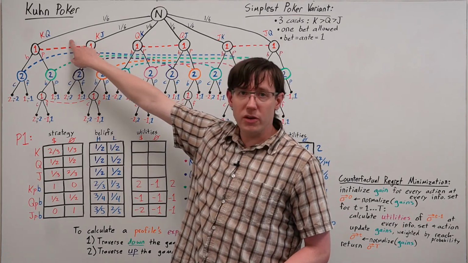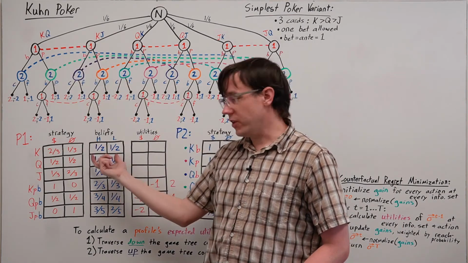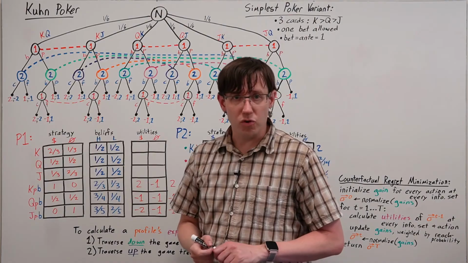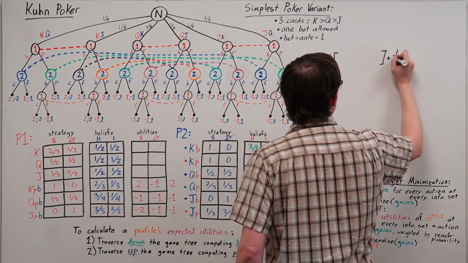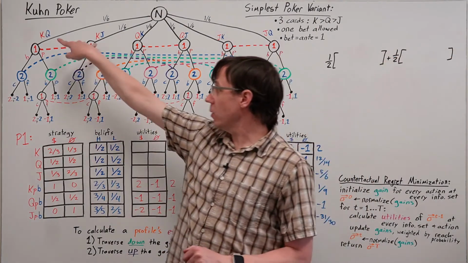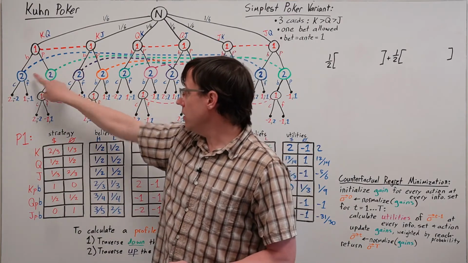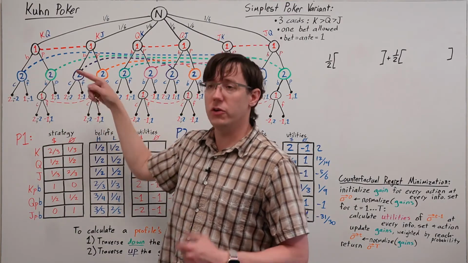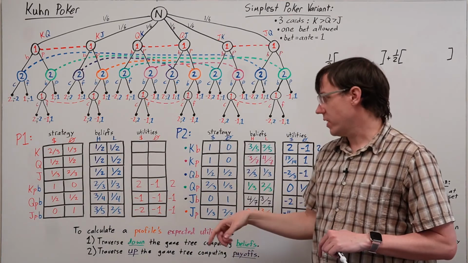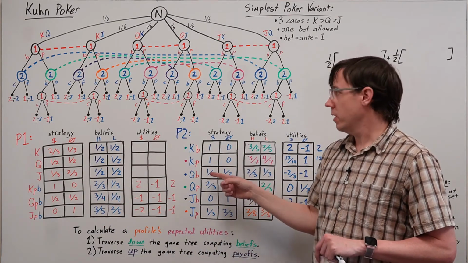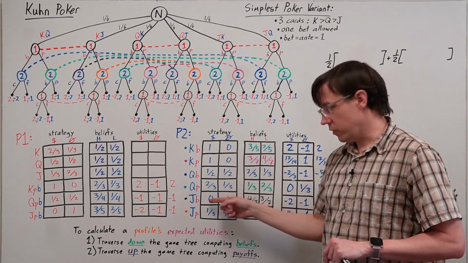At this information set, we know that there's a 50/50 belief distribution. And if player 1 chooses to bet, then we end up at these information sets for player 2, where their strategy says to mix either a half or 0/1.